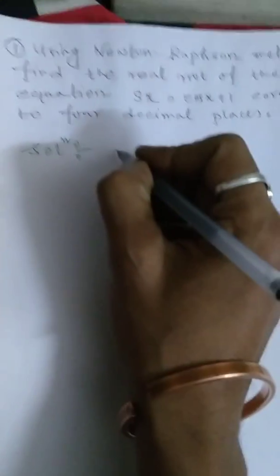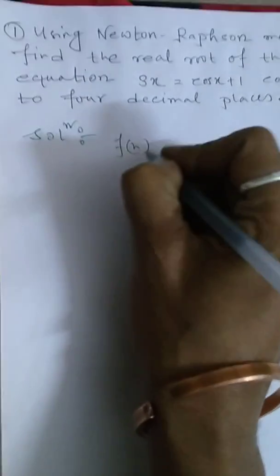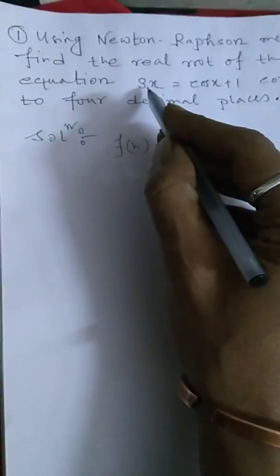So here, as we see, the function f(x) is 3x minus cos x minus 1, because the equation is 3x equals cos x plus 1.